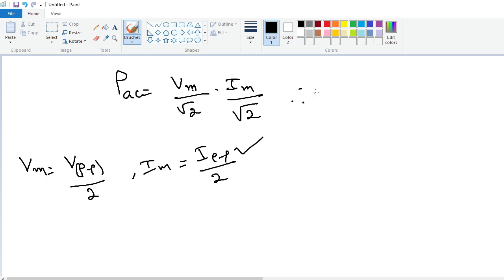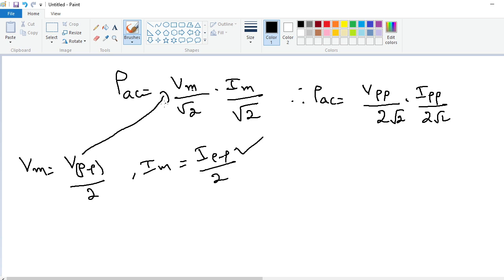So therefore, PAC is equal to V peak to peak divided by 2 root 2 into I peak to peak divided by 2 root 2. Simply, this Vm value and Im value are substituted in this equation.